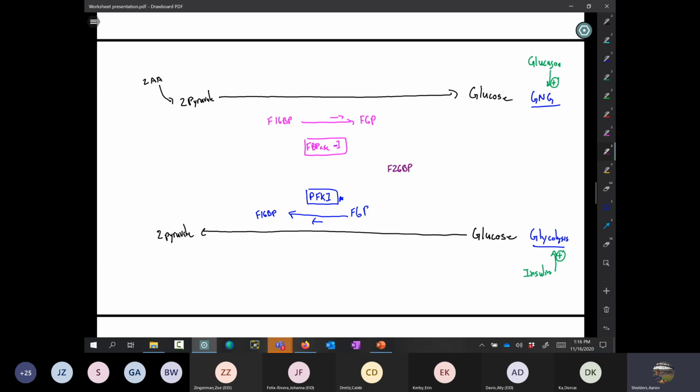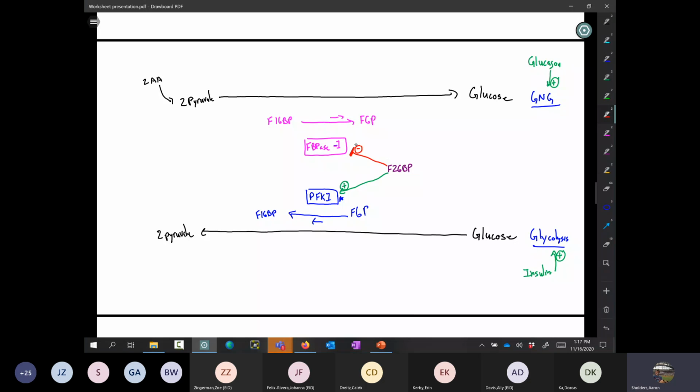It's not a part of gluconeogenesis, nor is it a part of glycolysis. And so what we see here is that fructose 2,6-bisphosphate is going to activate PFK1 while at the same time inhibit FBPase1. So if fructose 2,6-bisphosphate is present, then the liver is going to run glycolysis and not gluconeogenesis.